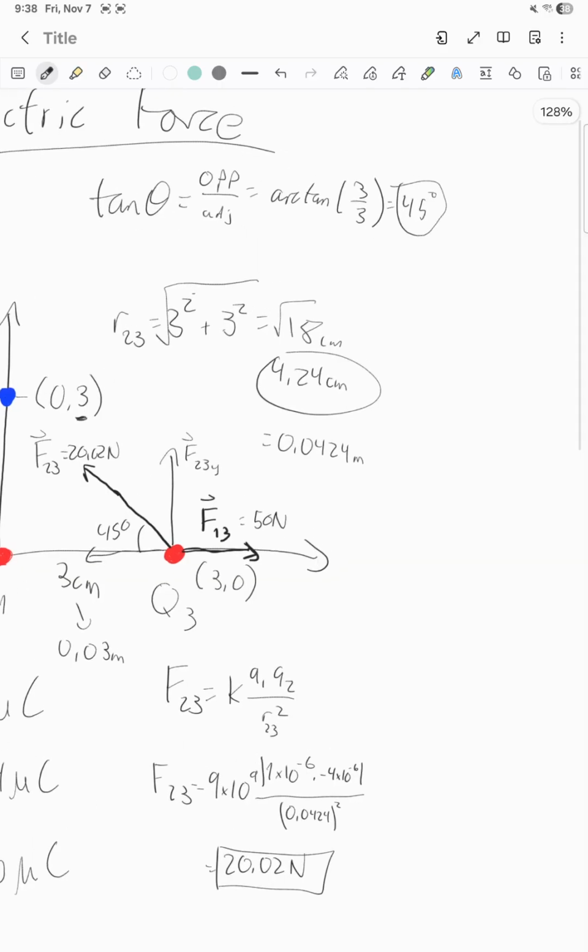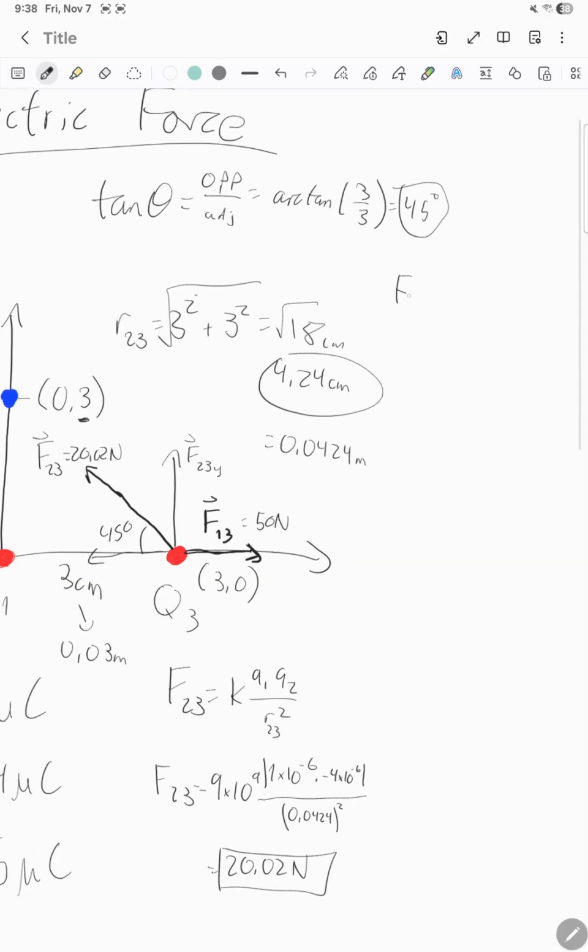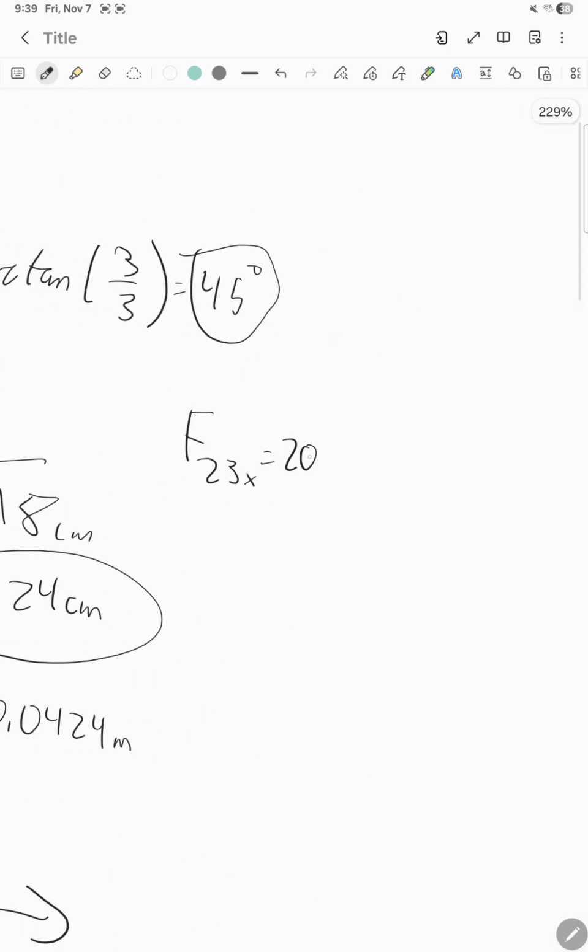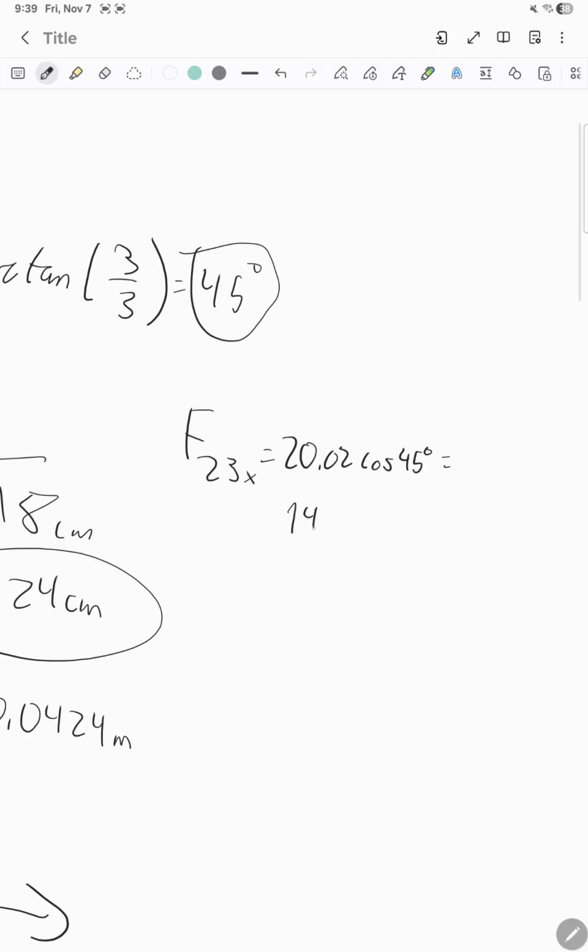So F23x will be equal to 20.02 cosine of 45 degrees, which is 14.16 newtons.